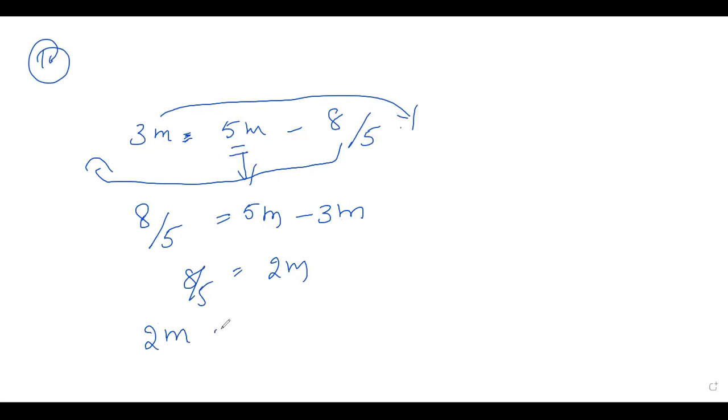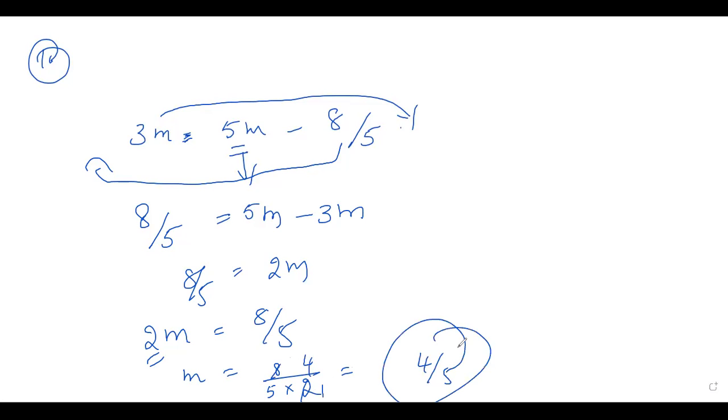I have just written it the other way, changing left to right, that's all. 2m is equal to 8 by 5. So if you transpose, 2 comes to the denominator, 2 ones are 2, 2 fours are 8, so 4 by 5 is the answer.